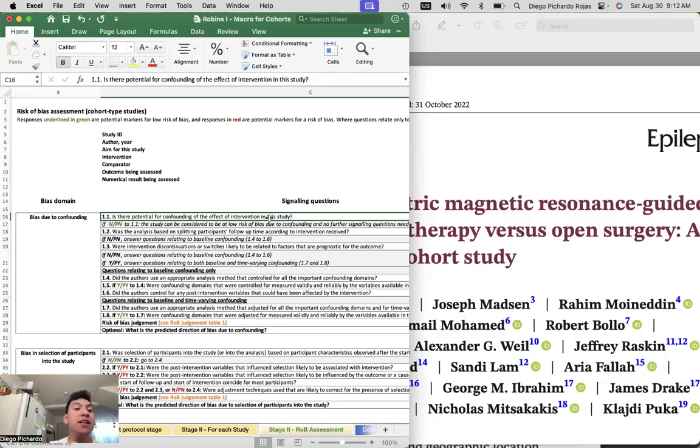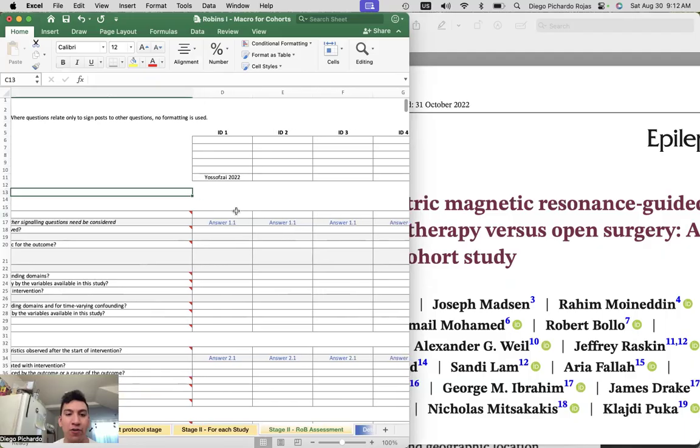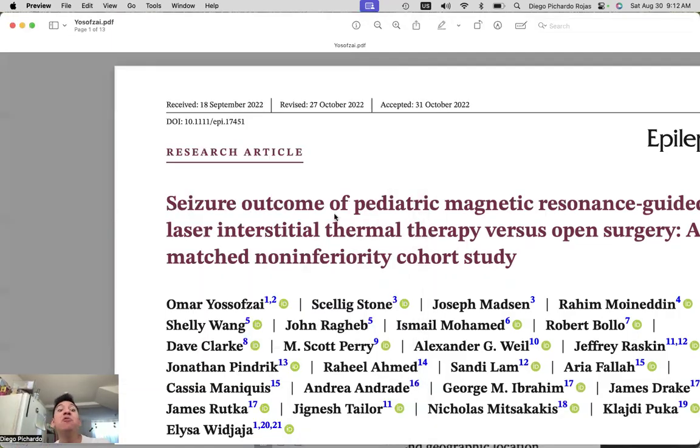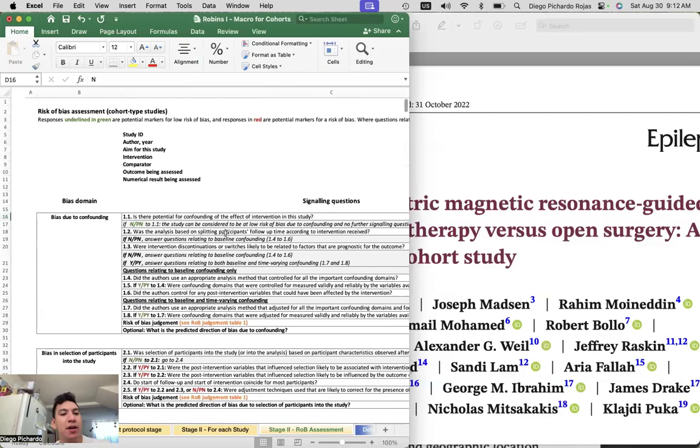If any study that you evaluate is not matched, you're going to put yes, there is a potential for concern. That's bad, that's why it's in red. But in this study, since it was matched, we're going to put no. There is a very low risk for confounding.